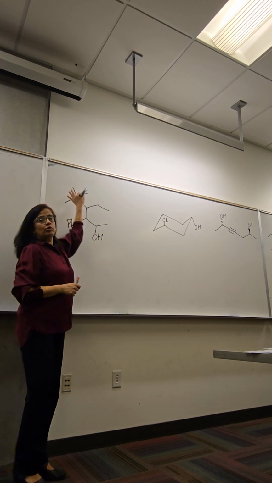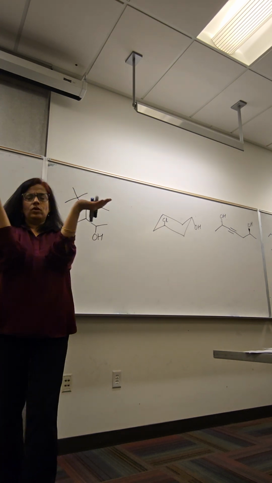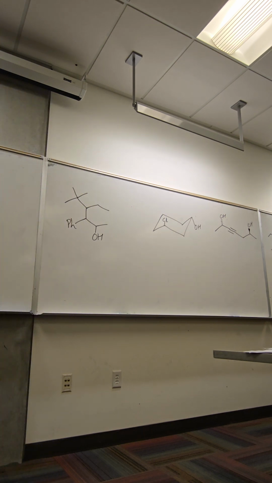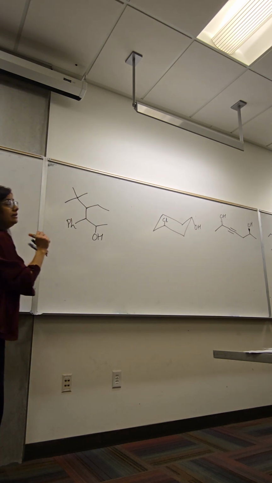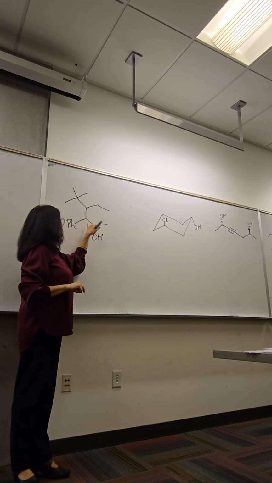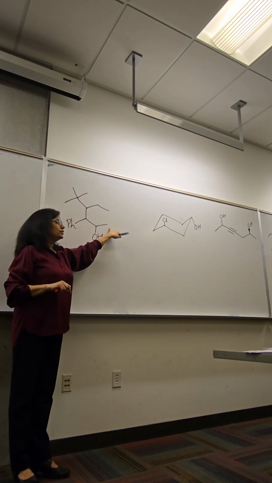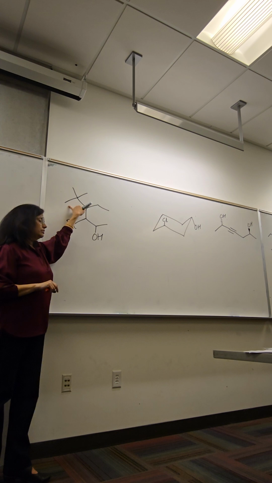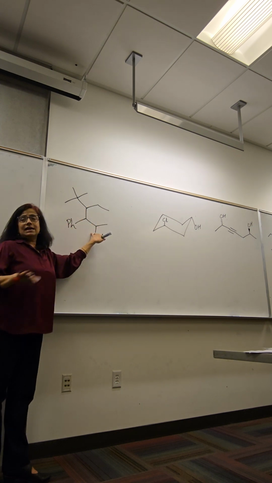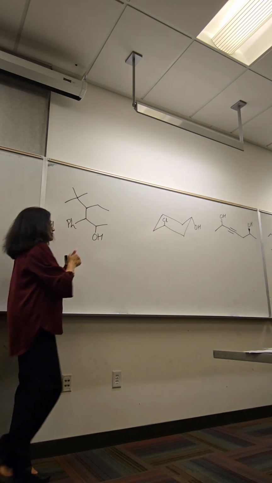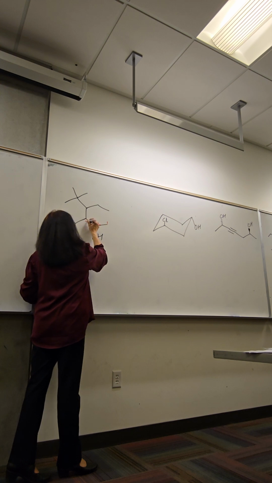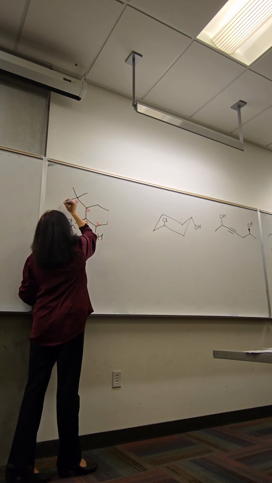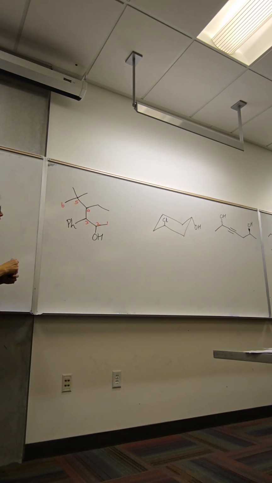If you have more than one possible parent chain of the same size, then the one with more branches. Do you all agree? Yep. And then which direction should I number this from? Closer to the OH or closer to the 2 methyls? OH. Exactly, because that's the parent that has the highest priority. Is there any stereochemistry shown here? No. So we don't need to worry about it.